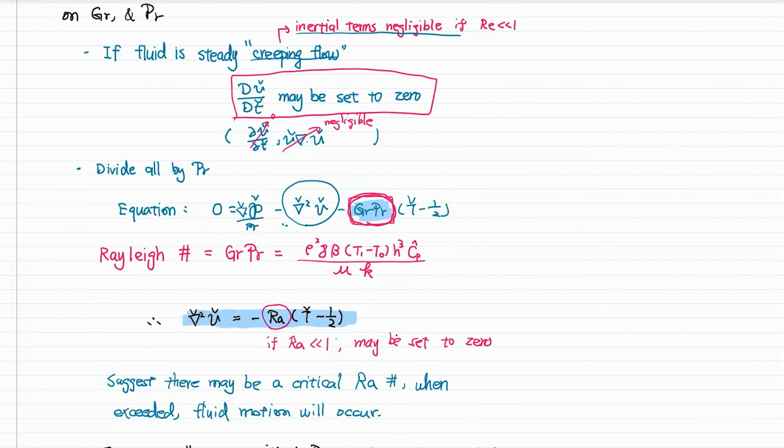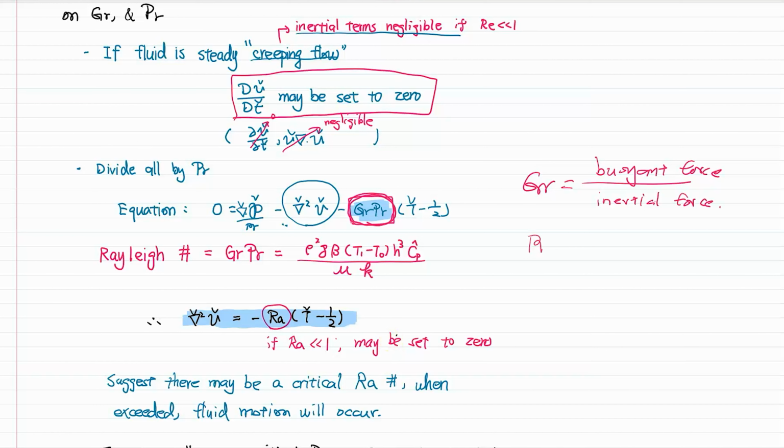Let's take a look at that too. So remember the definitions for the Grashof and Prandtl numbers. The Grashof number is the ratio between buoyant force and inertial force.